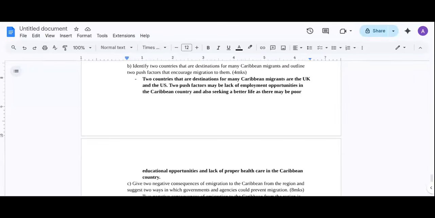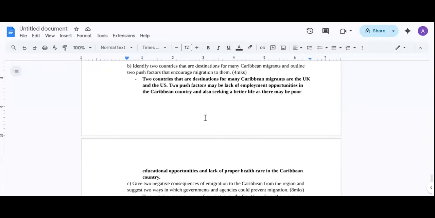What is brain drain? Anybody could just quickly tell me so that we could all be on the same page? Brain drain is when educated people leave the country for better opportunities. Right, so when skilled or educated persons leave the country, that is brain drain. Good. Anybody could give me another negative consequence? Yes, Shakaina. Miss, labor shortage. Labor shortages, good.